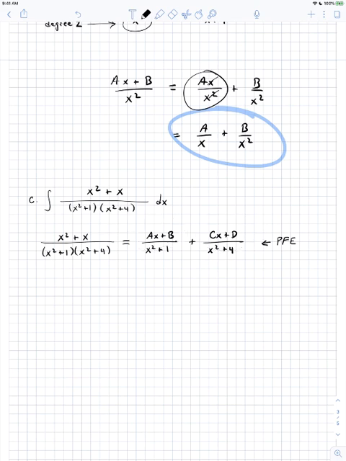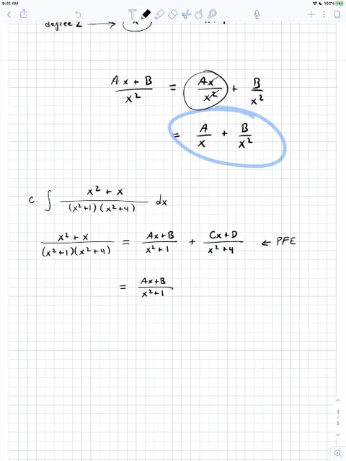Okay, so what do we do? Well, we do what we always do. We give them a common denominator. So the first one has x squared plus 1, ax plus b in the numerator. We want it to look like the denominator of the term we've started with. That's the idea. You're giving them a common denominator and adding them together so you get back what you started.